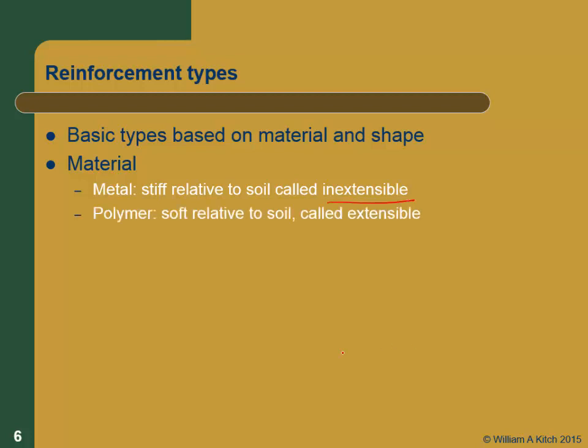And then there's polymers, and there are a number of different polymers used for MSE walls. You don't need to know a lot about polymers and chemistry, but you need to know enough to recognize names and understand some about the behavior. We'll talk a little bit about that when we do this. If you do a lot of MSE wall design, you probably need to spend a little time understanding that.